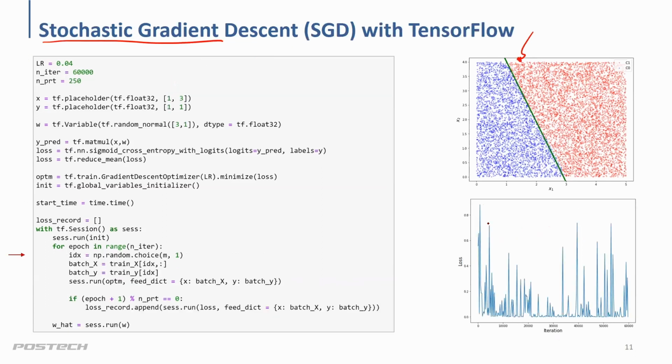On the other hand, for the stochastic gradient, I hope you now understand why we have this kind of loss graph: in each iteration a lot of noisy things happen, because we took the stochastic one.